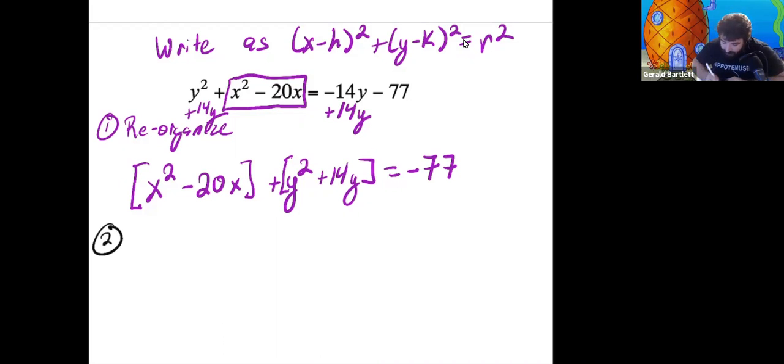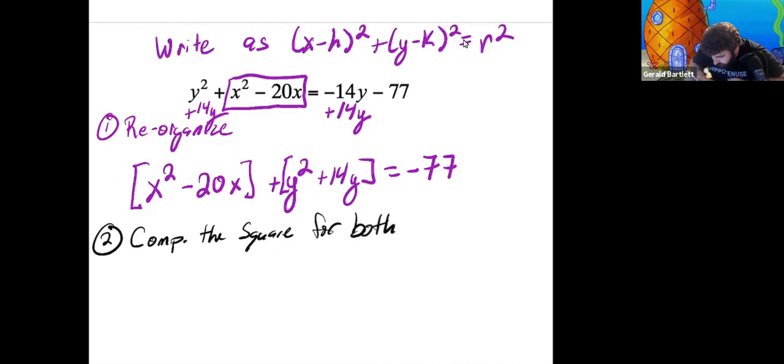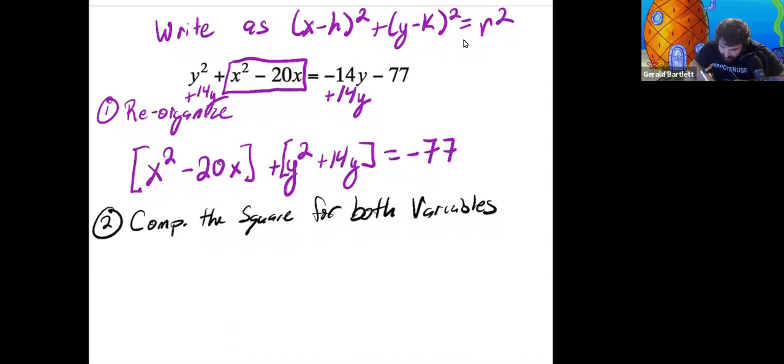So the second step is you've got to complete the square for both sides. Not sides, variables. Complete the square on both variables. So with this, I'm going to identify my minus 20 here as my b.